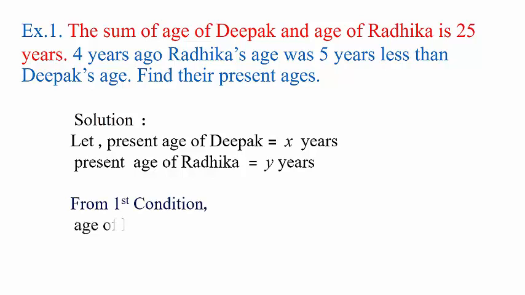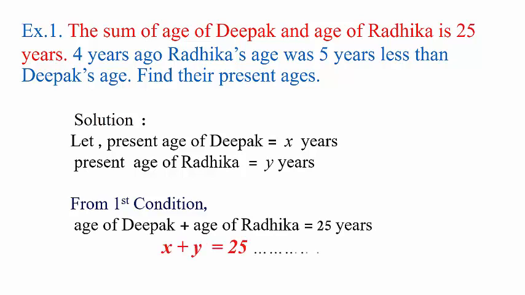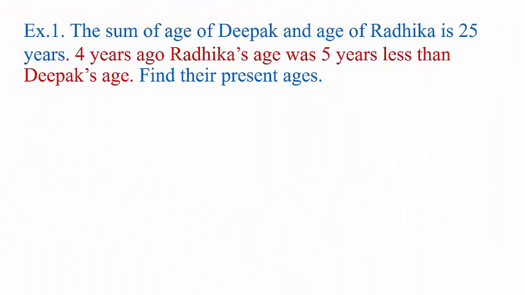So from the first condition, the age of Deepak plus the age of Radhika is equal to 25 years. And then we assume the age of Deepak is x, the age of Radhika is y. So x plus y is equal to 25. This is the first equation.